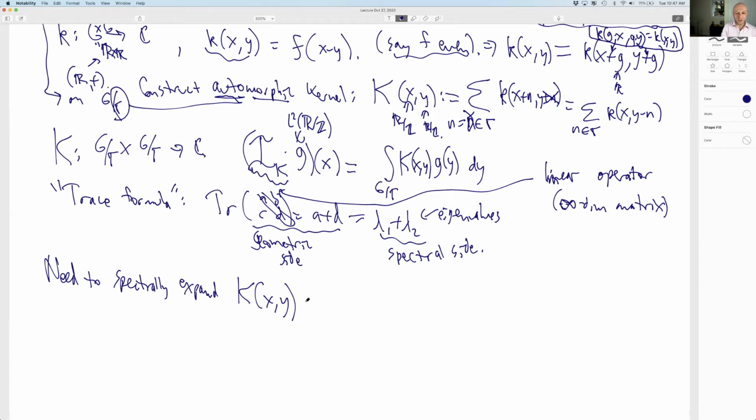So this as a function of y, so K for a given x as a function of y, is in L2 of R mod Z, right? Which we said before is decomposed by eigenfunctions of the Laplacian, which are these E sub m's.